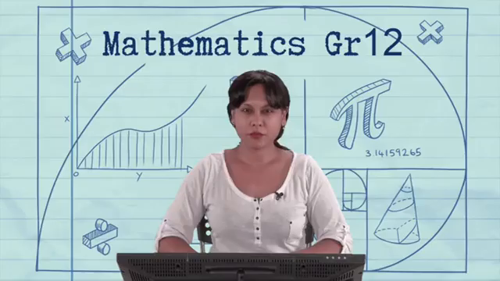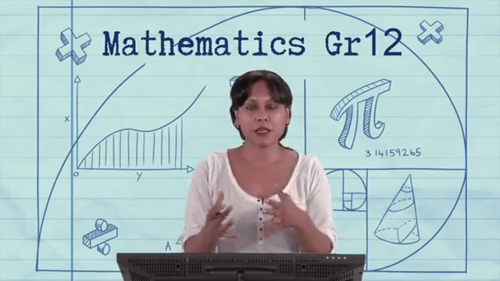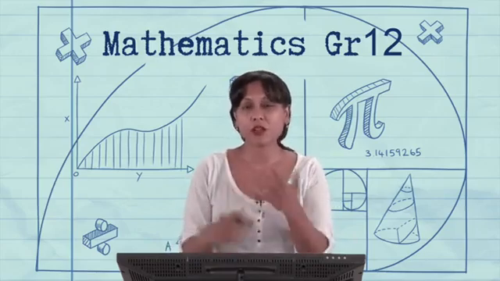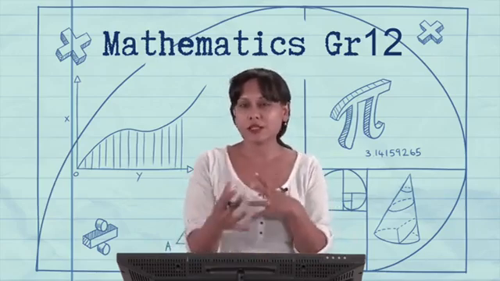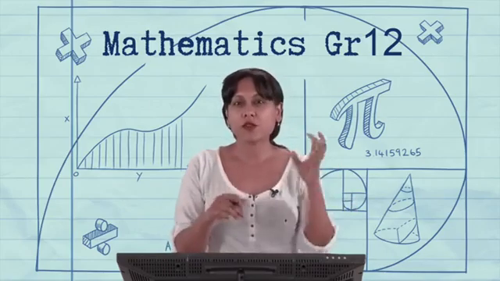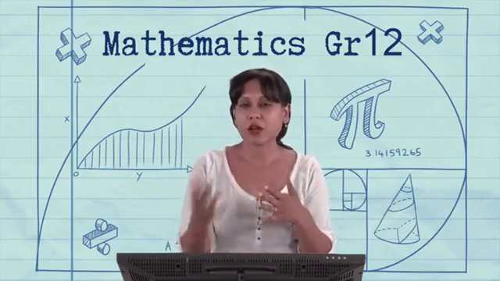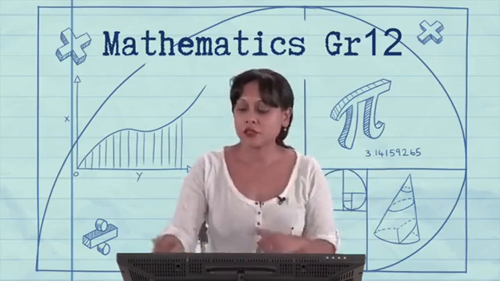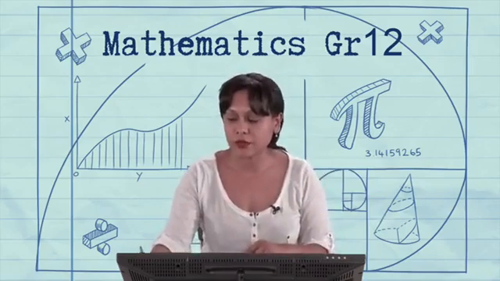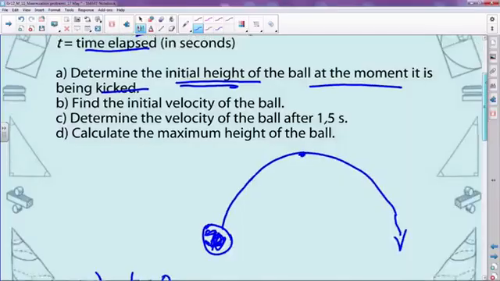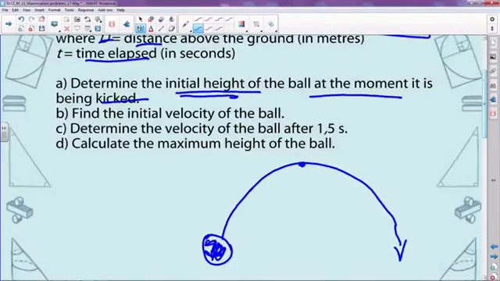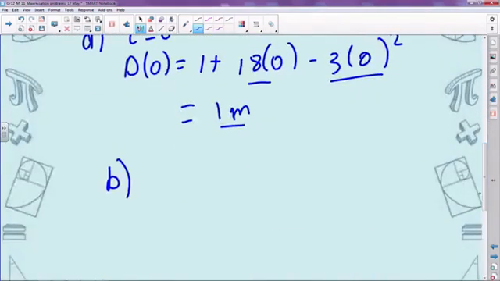Okay. Now, guys, we're going to look at part B. Remember here we're going to be looking at velocity. When you think about velocity, and we spoke about this before the break, velocity is the derivative of distance. So we're going to need to find the derivative of our distance equation in order to answer part B, which is to find the initial velocity of the ball. Once again, because we're looking at initial velocity, our time is equal to 0, but here we're dealing with a derivative equation because we're looking for the velocity.